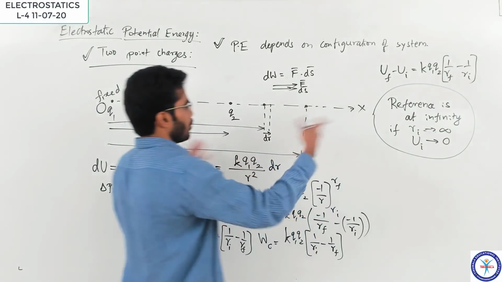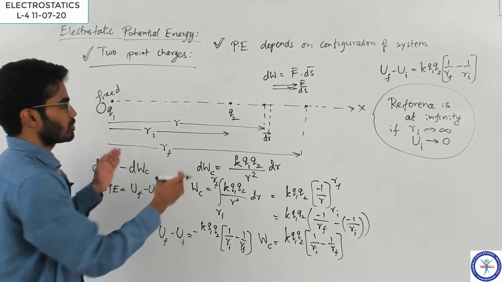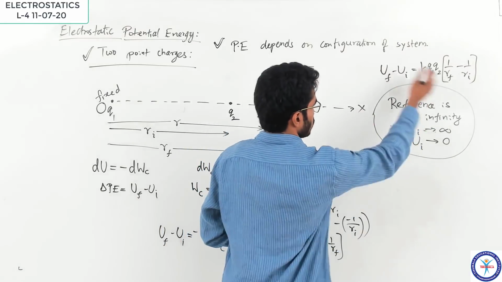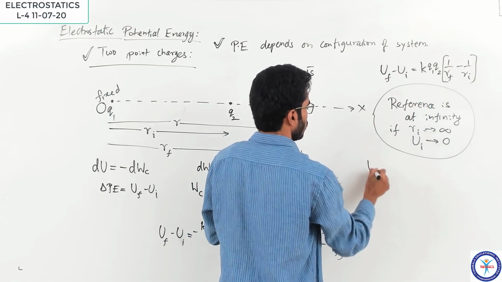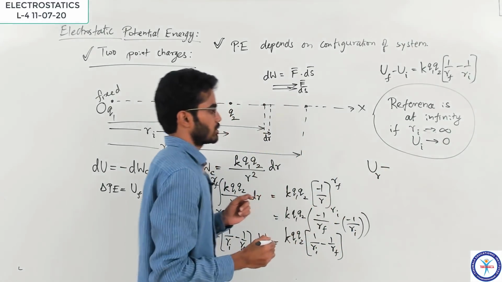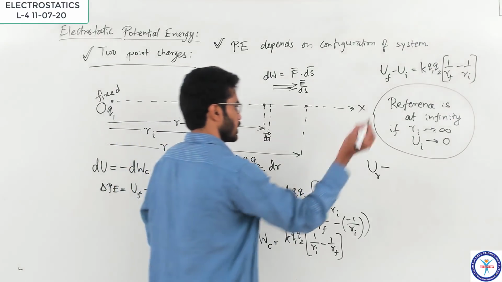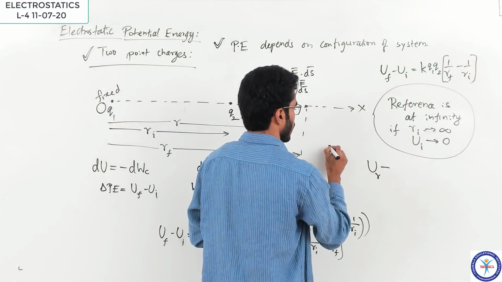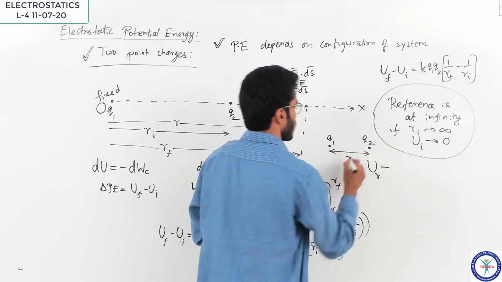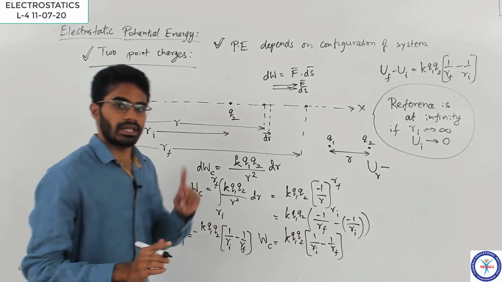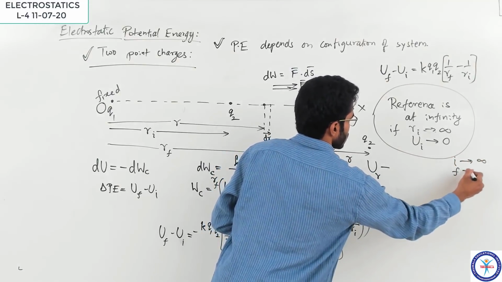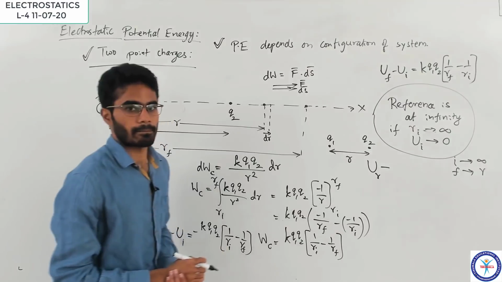So when they are initially far away, ri is infinity, so this term reduces like this. U final will be the final potential energy when they are separated by a distance r. Let us say initially they are at infinity and now they are separated at a distance r. Initial case is infinity, final case is at a separation r.